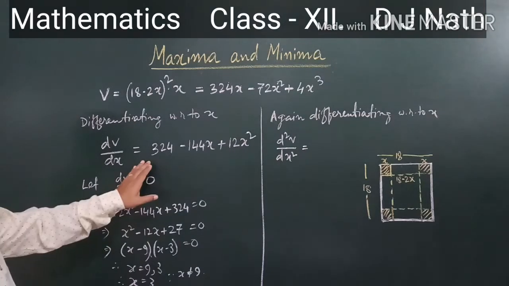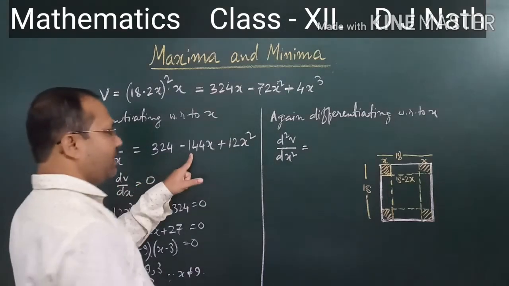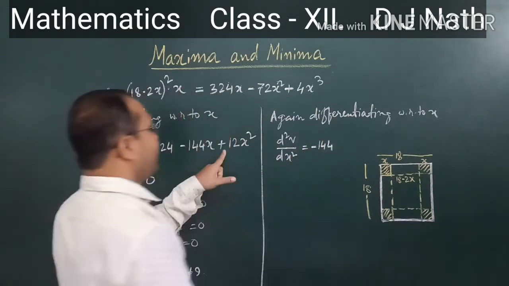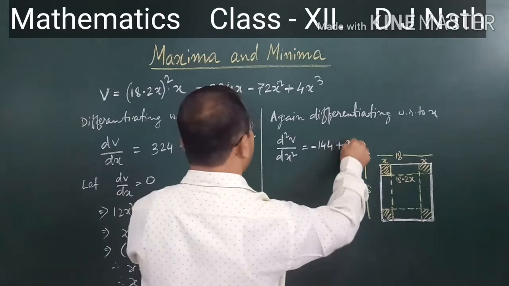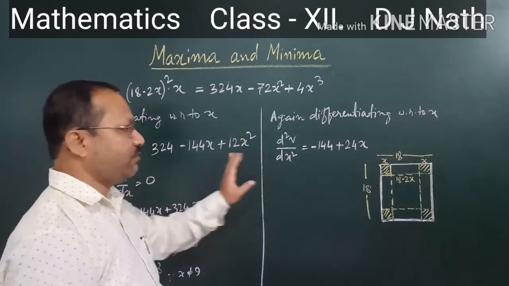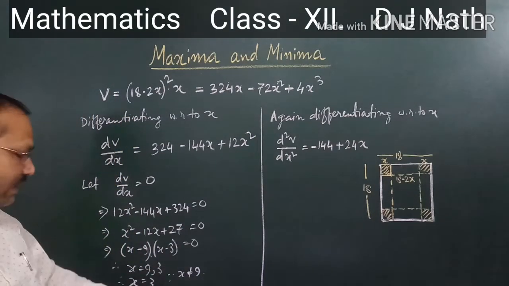So what will happen in that case? The constant 324 will become 0. Here it is minus 144 plus 24x. Now what you have to see is the double differentiation at x is equal to 3.